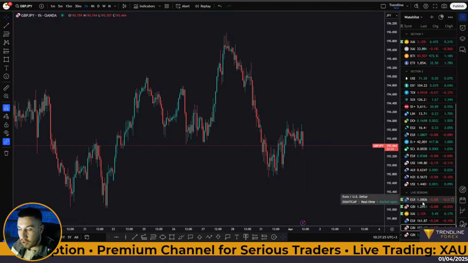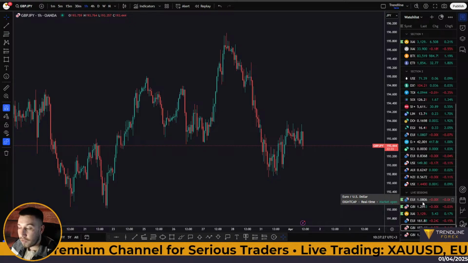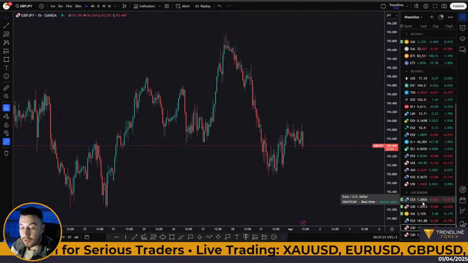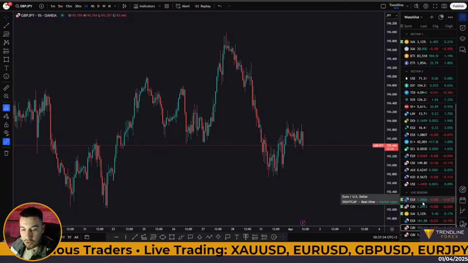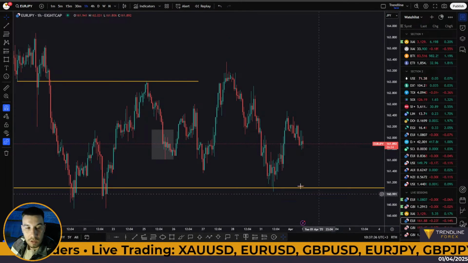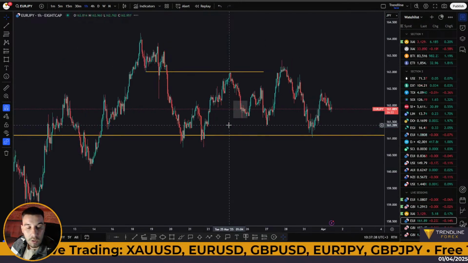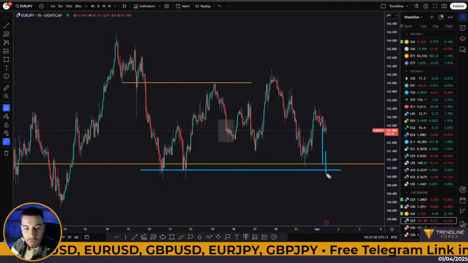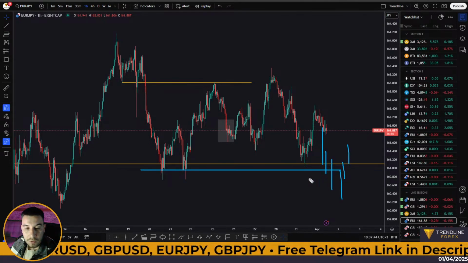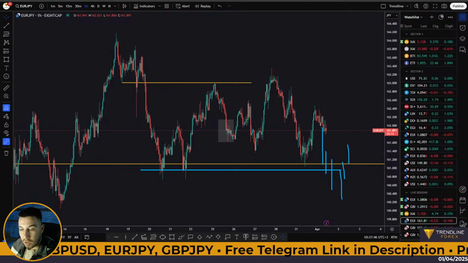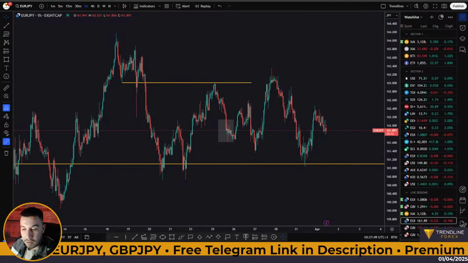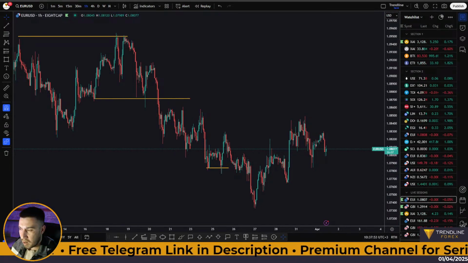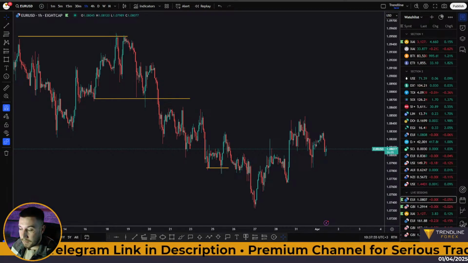If you want to trade the euro, for example, I would go for euro dollar. And if you're looking for entries on the pound, I would go for pound dollar. And right now I'm just going to skip the euro yen and pound yen because, like I said, on the 1 hour time frame, I really want to see price taking out this previous structure right here. Okay, and if we do that, this is going to be good. And I'm going to be looking for long entries, but not at current price levels. So for now, I'm focusing on euro dollar and pound dollar mainly.